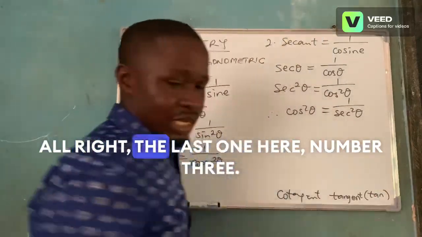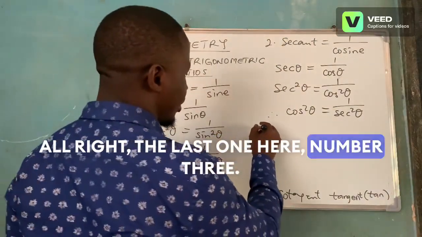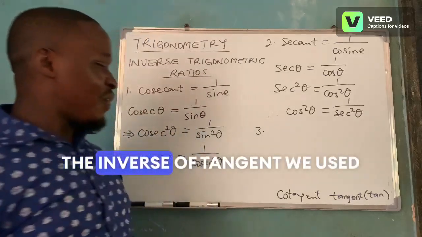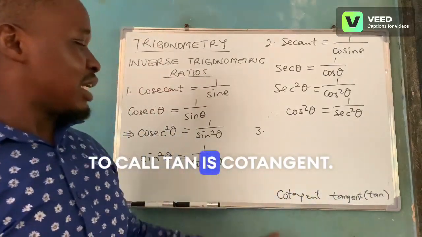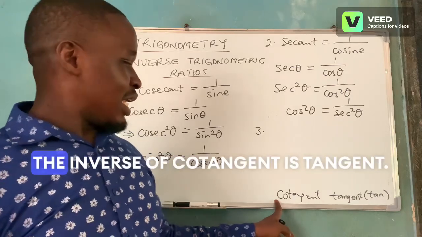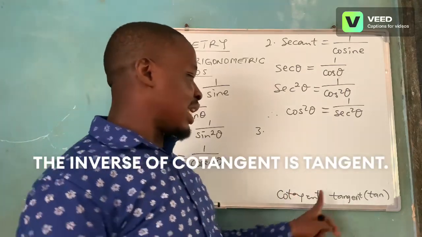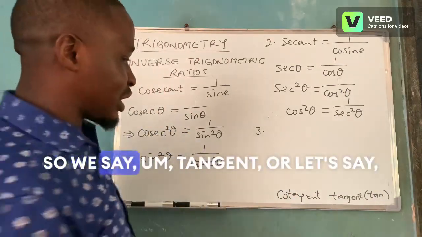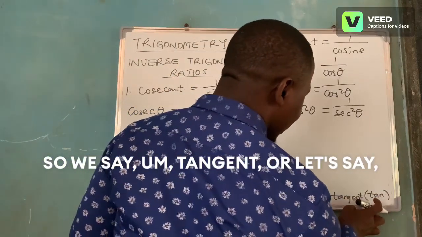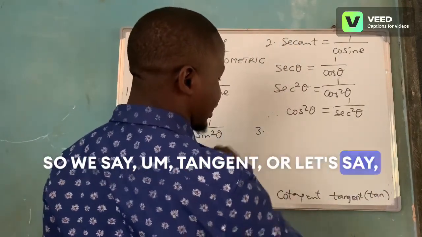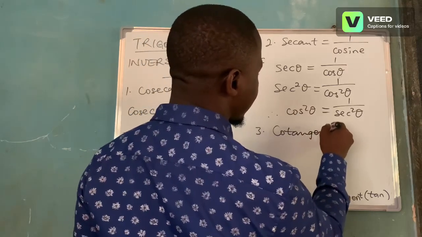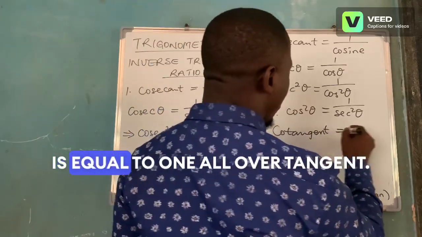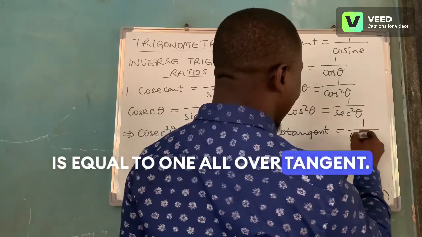Alright, the last one here, number 3: the inverse of tangent, which we usually call tan, is cotangent. The inverse of cotangent is tangent. So we say cotangent is equal to 1 over tangent.